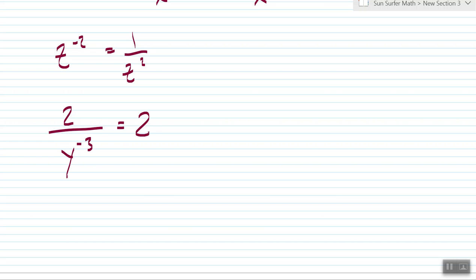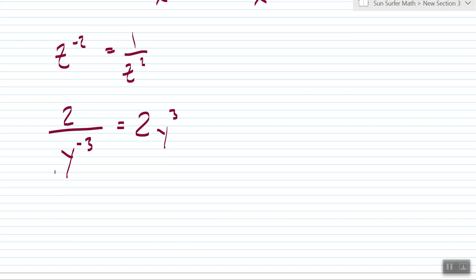If we have z to the negative 2, we can rewrite this as 1 over z squared. If we have 2 over y to the negative 3, we can rewrite this as 2 times y cubed. Now notice the 2 does not move. It is just a constant.